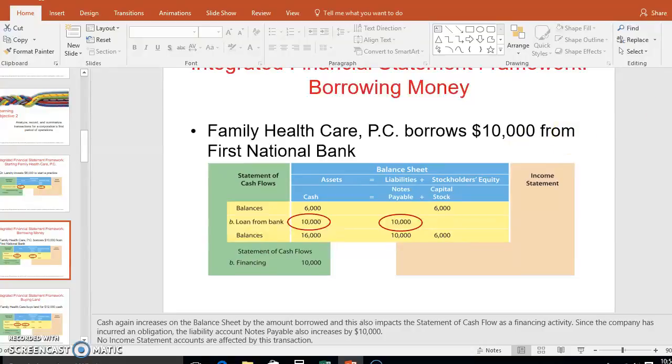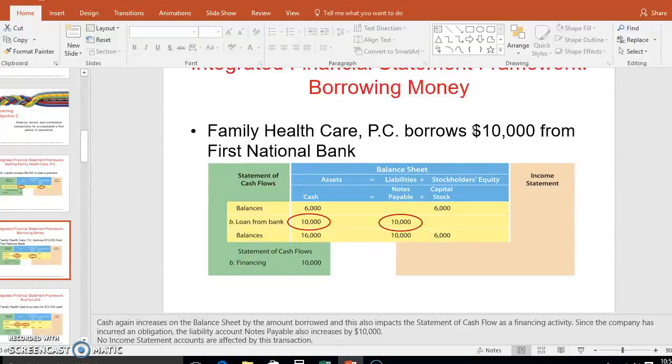Okay. So the next transaction is that they borrow $10,000 from First National Bank. So let's talk about what happened. Your bank account went up by $10,000, but are you going to have to pay that back at some point? Yeah, you're going to have to pay that back at some point. So what accounts are we dealing with? We're dealing with cash, which is an asset.